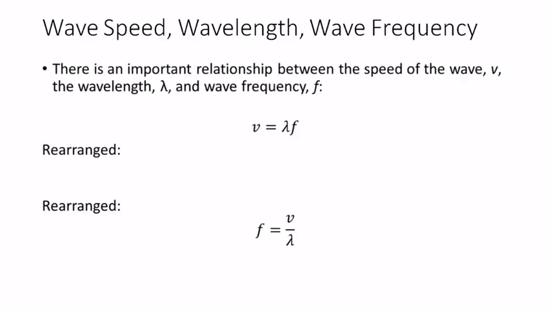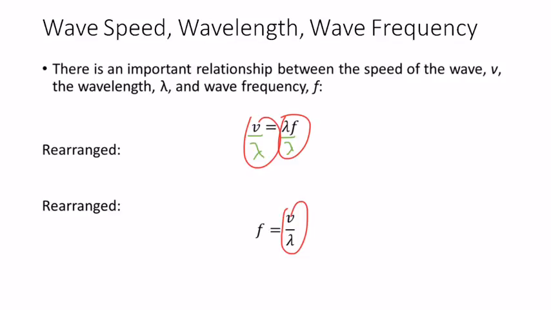So all we did was, what did we do? One way to think of it maybe is we divided both sides by wavelength. And dividing both sides by wavelength, we get frequency by itself is equal to velocity divided by wavelength. Okay, and the units work out just great too.